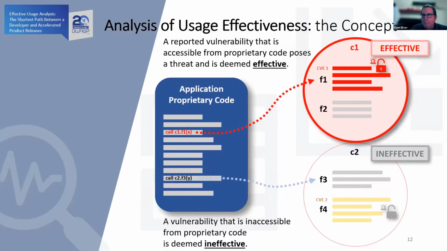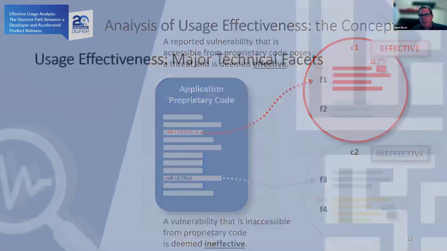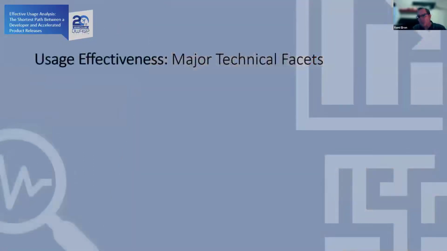And for the sake of this example, this is the granularity. However, when we look at the bottommost call made from the same application, we can see that even though C2 is in general with a vulnerability, the call does not go to that area that was considered a vulnerability, and therefore it is deemed ineffective.